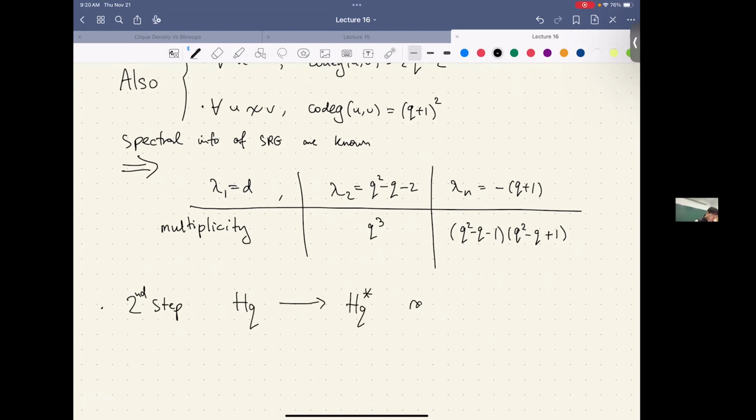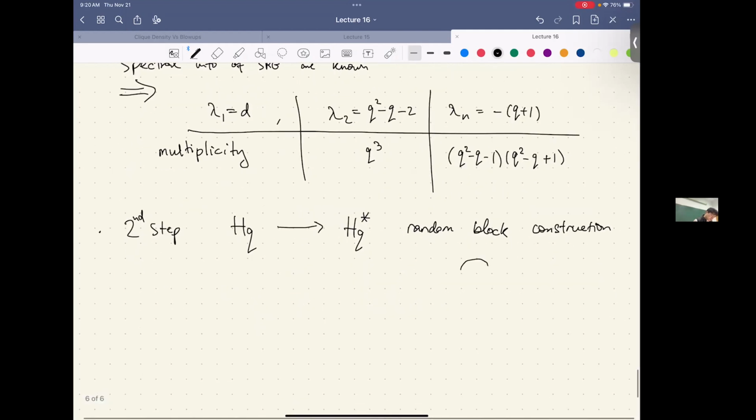This is the random block construction, if you recall from last time. Okay, it's also very simple. It basically just means this is your HQ.